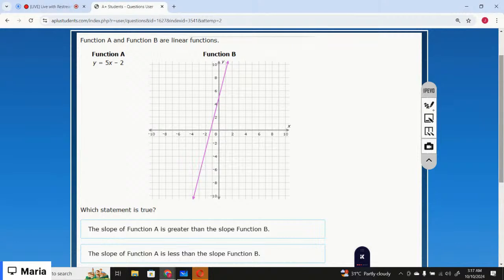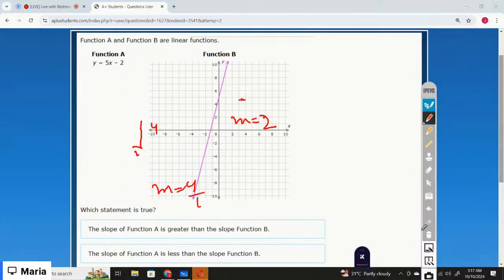So function A is y equals 5x minus 2, right? You need to compare this to y equals mx plus b. So m is 5. So the slope of this function is 5, right?